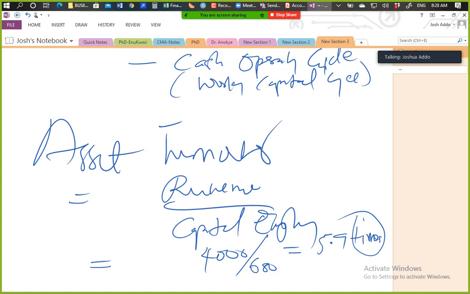The sales revenue generated by the assets is 5.9 times the value of the assets. So if you multiply 5.9 by the value of the assets, you get the revenue. That's the meaning. Are you okay, class?